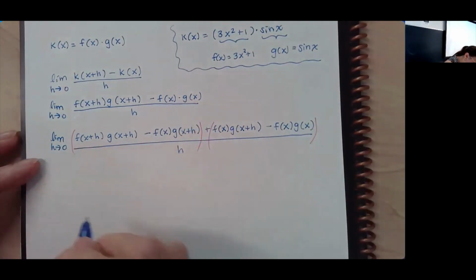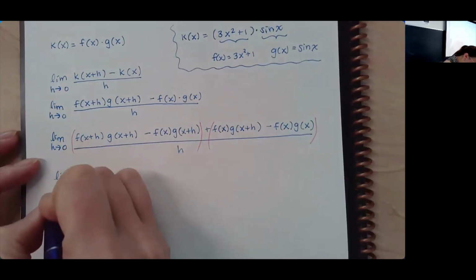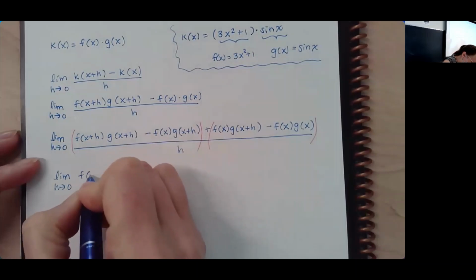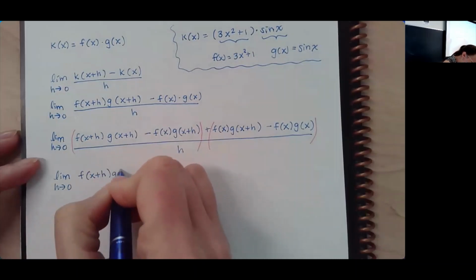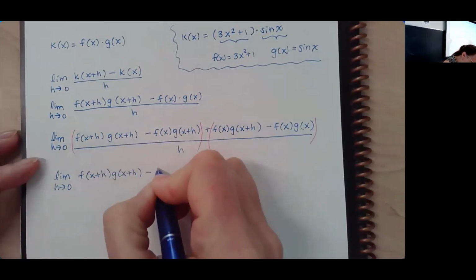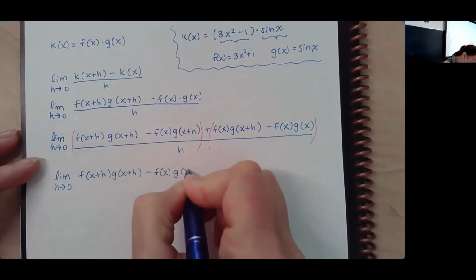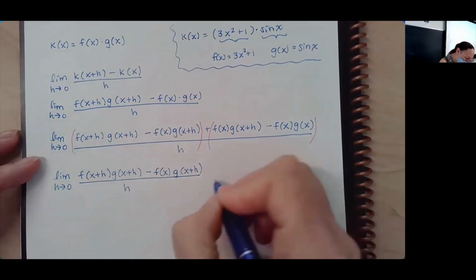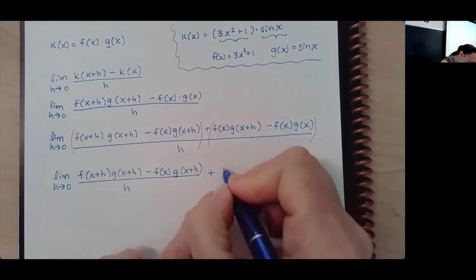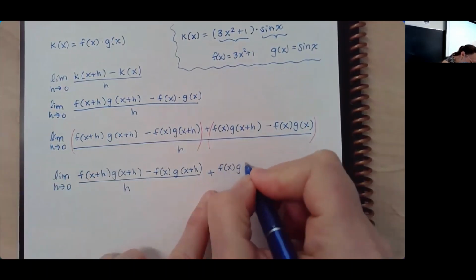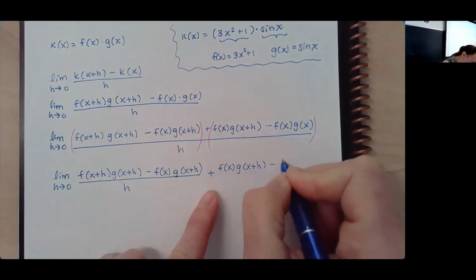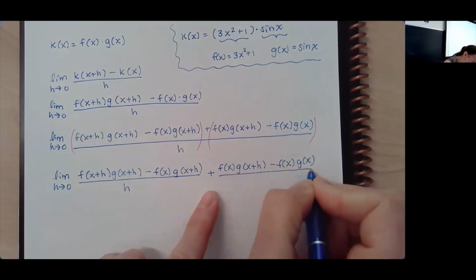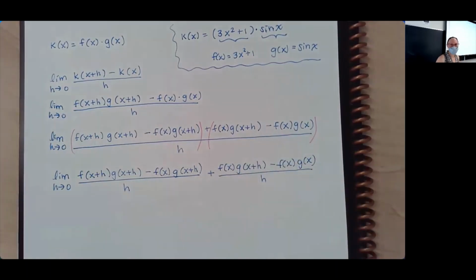And I'm going to write out a couple of extra steps here. So I'm going to group all this stuff together. So I'm going to have f of x plus h times g of x plus h minus f of x times g of x plus h all over h. And then plus f of x times g of x plus h minus f of x times g of x all over h.